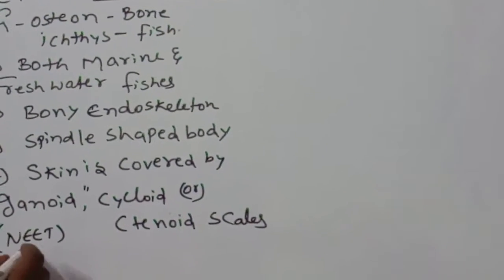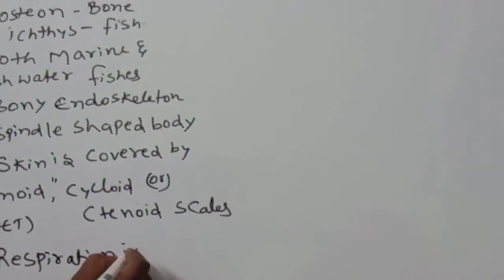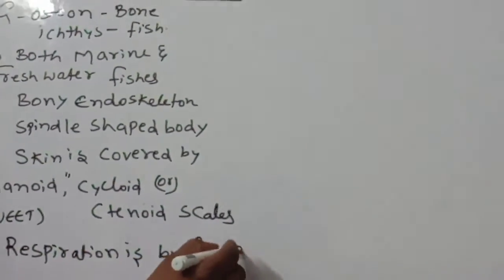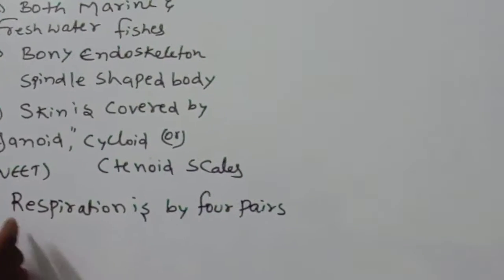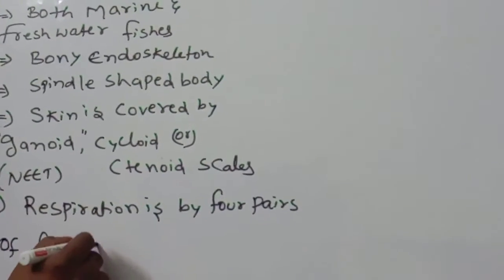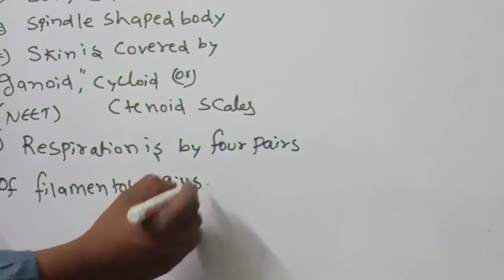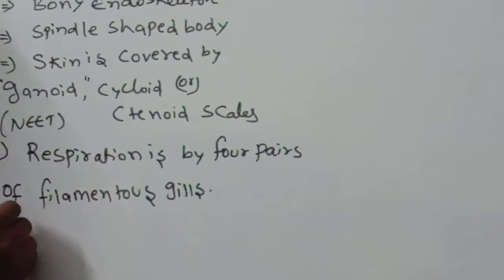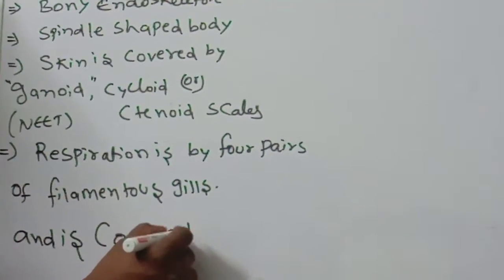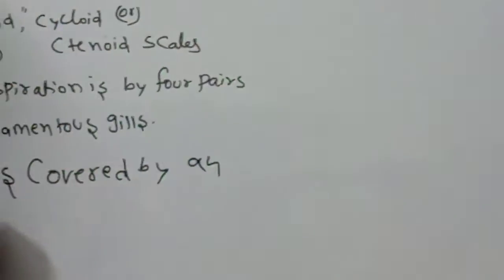The next important point is respiration. Respiration is by four pairs of filamentous gills, and the gills are covered by an operculum, the gill cover.